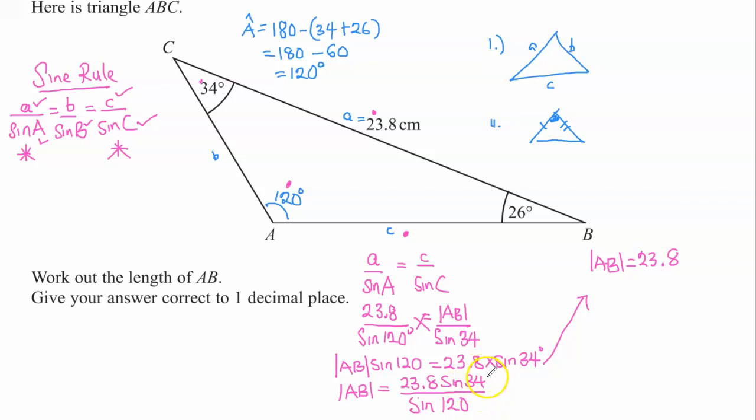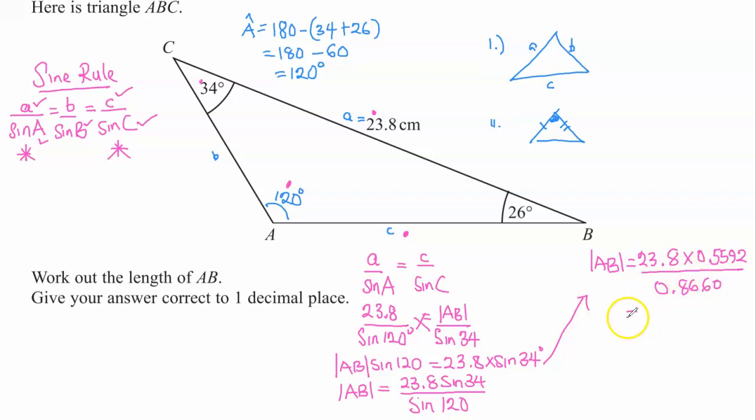If you want to use your calculator, ensure that your calculator is in the degree mode. So sine 34 is going to give 0.5592, divided by, okay, sine 120, that's 0.8660.